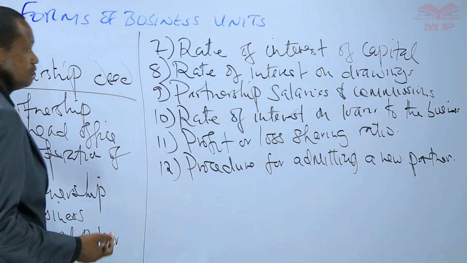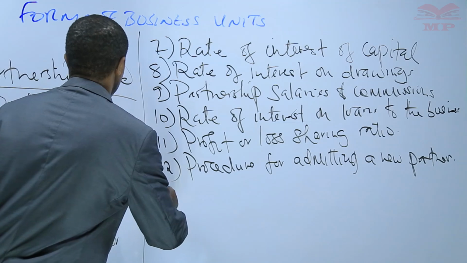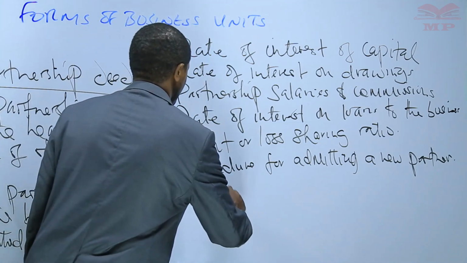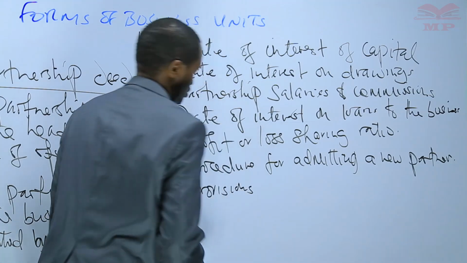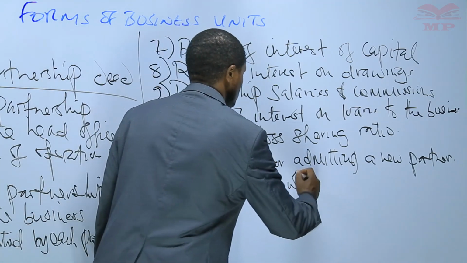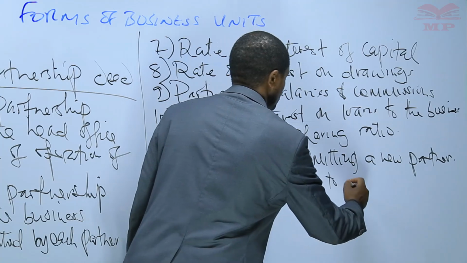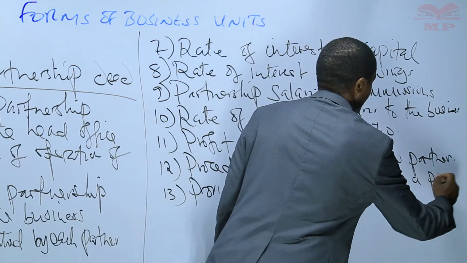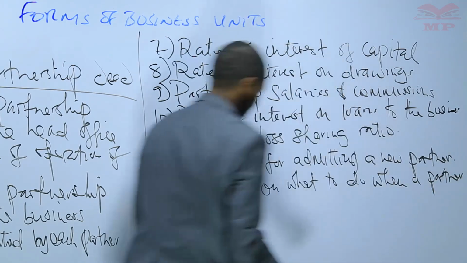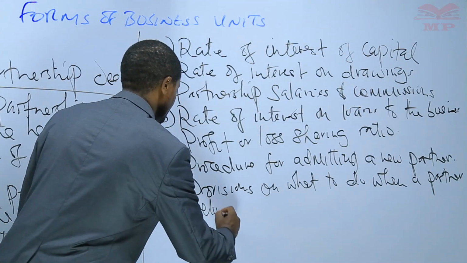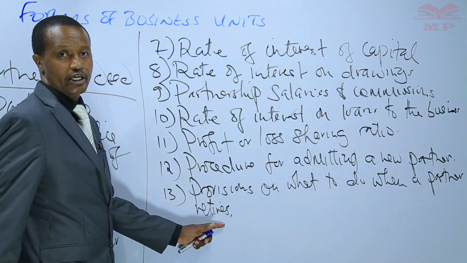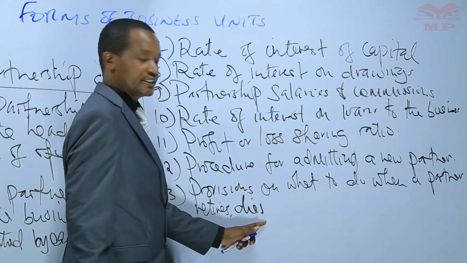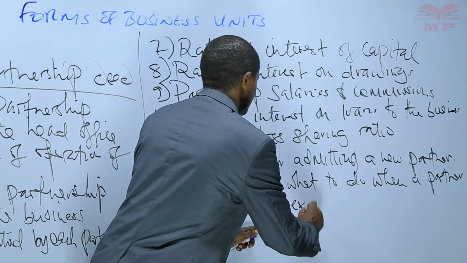Then another item, number 13, is provisions on what to do when a partner retires, or a partner dies, or a partner is expelled.